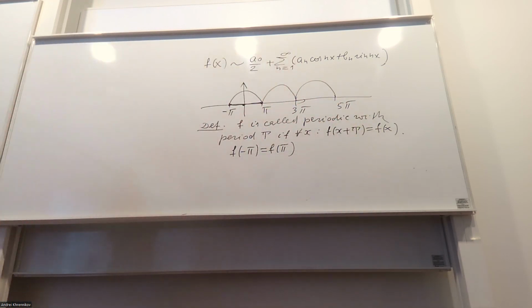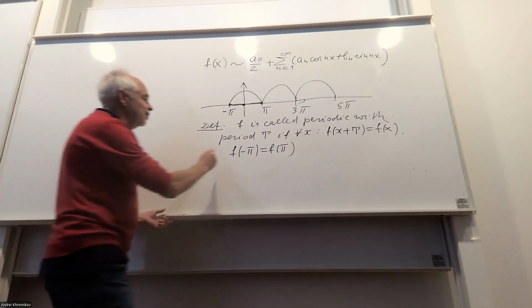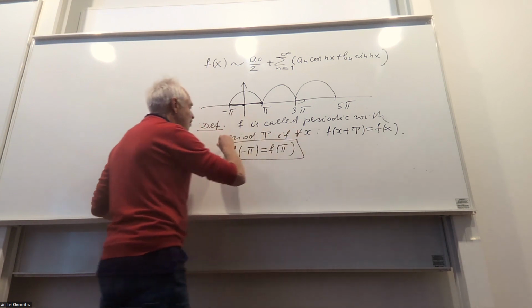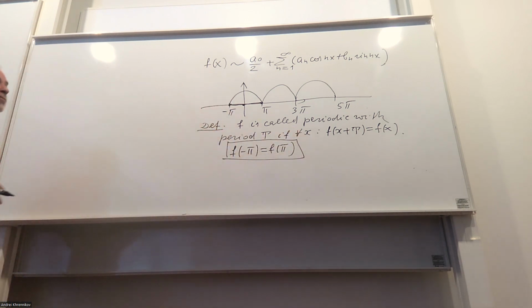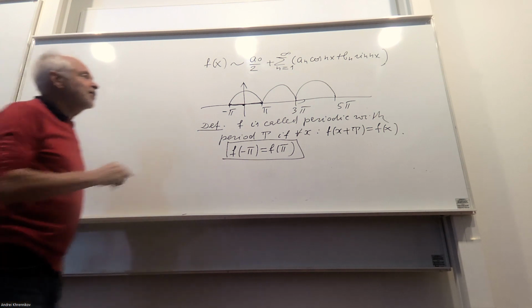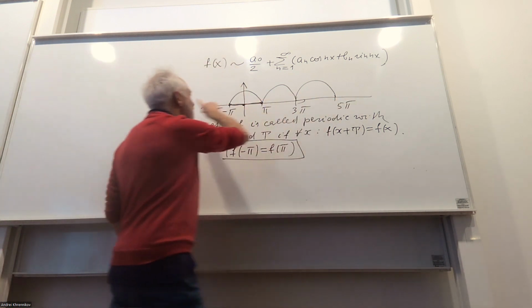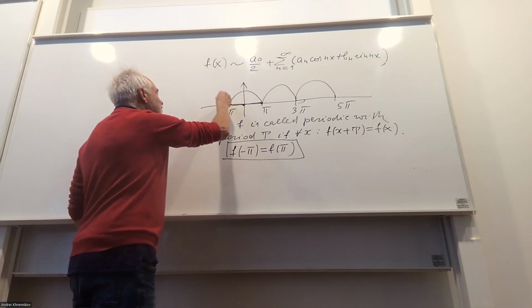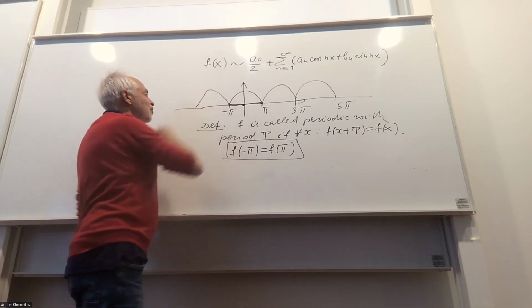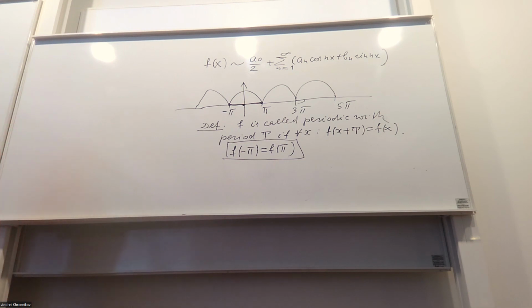So when you study pointwise convergence, you should first of all have this condition. And then if your function was not periodic on the whole real line, forget what it was outside and continue it periodically on the whole real line.